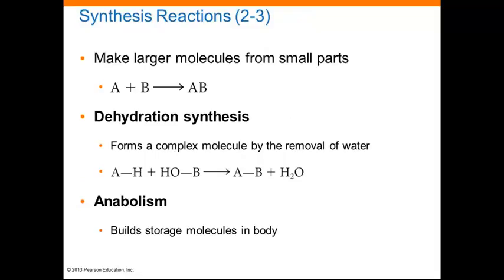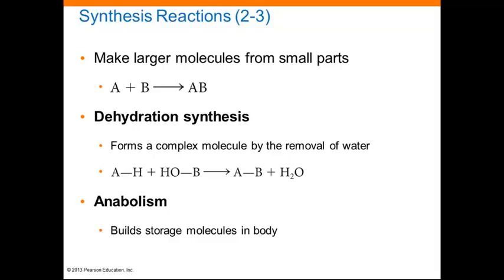The second type of chemical reaction I bet you could figure out is a synthesis reaction. In synthesis reactions, you're making larger molecules from small parts. You take little parts, like in this example you have A and B, and you combine them to make a bigger molecule, so AB. So we are synthesizing larger molecules.